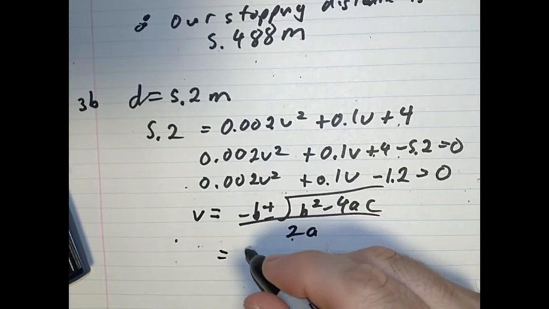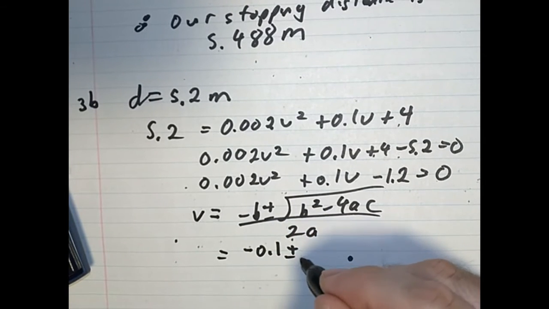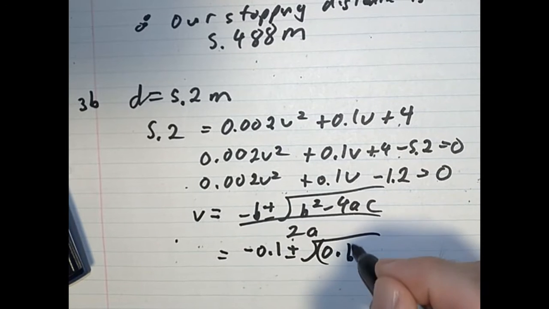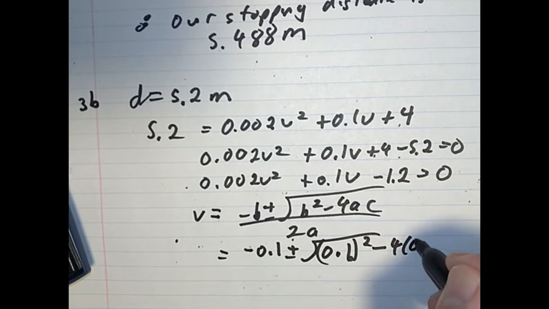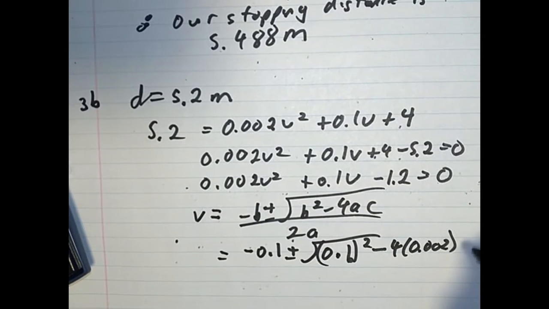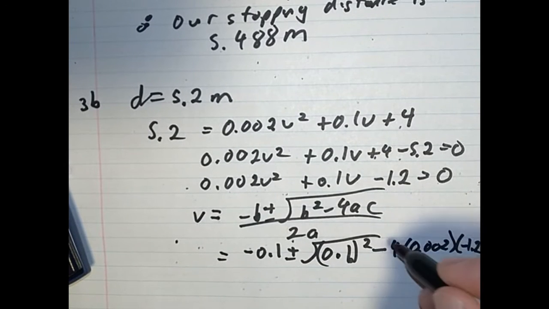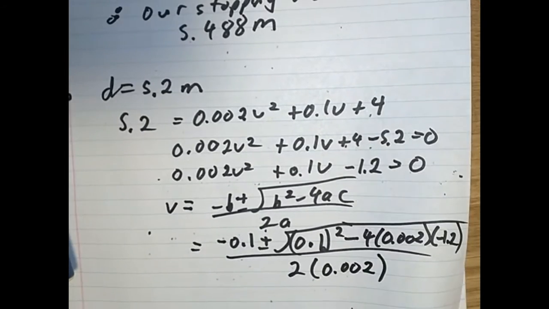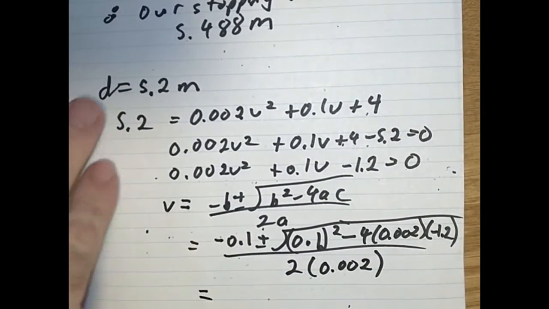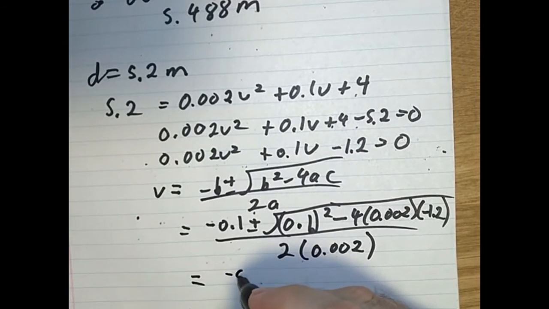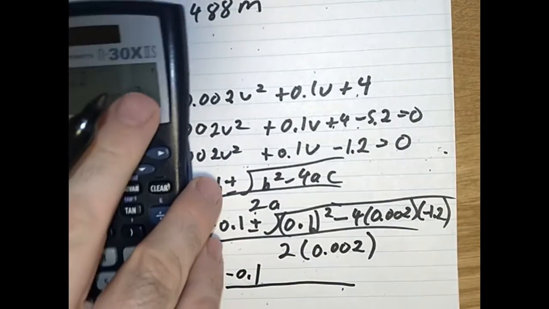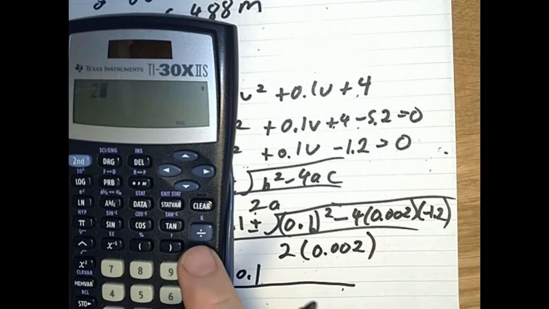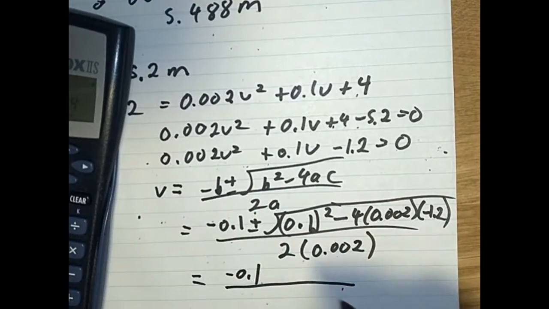Negative b is negative 0.1, plus or minus the square root of 0.1 squared minus 4 times 0.002 times negative 1.2, all over 2 times 0.002. Wow, tiny decimals in this case. Okay, negative 0.1. I'm going to do the bottom: 2 times 0.002 is 0.004.